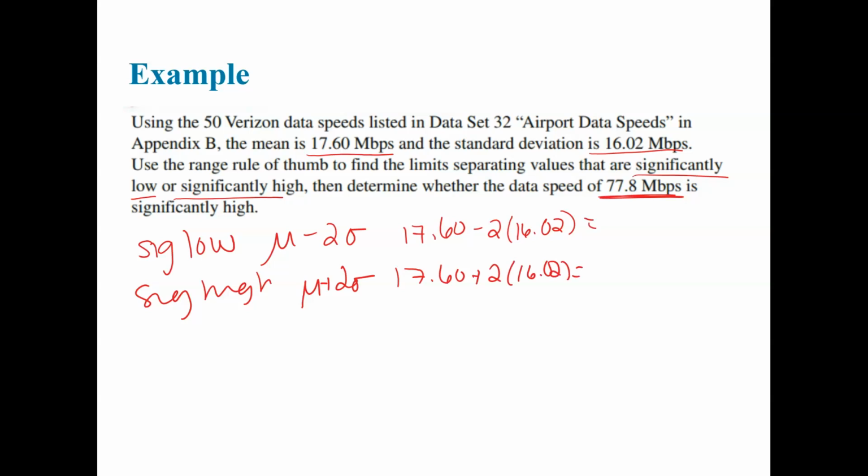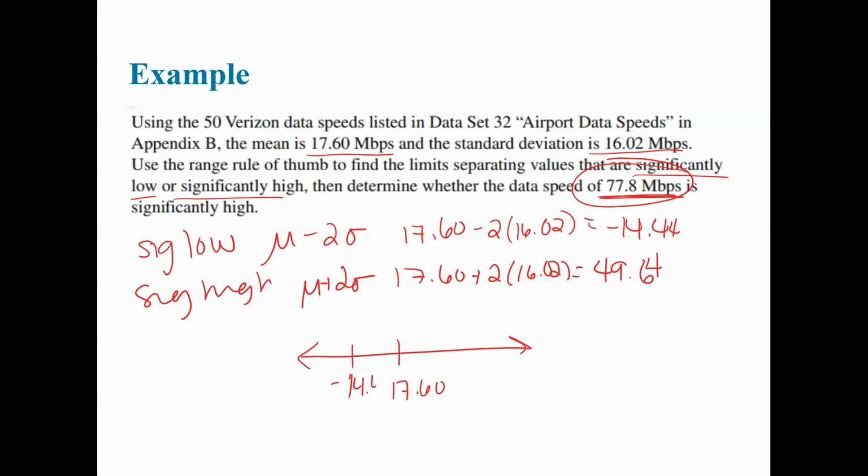When I get those values, I get negative 14.4 and 49.6. So is 77.8 significantly high? Yeah, it is. If the mean is right here and we're saying it's significantly low this way and significantly high this way, 77.8 is significantly high.